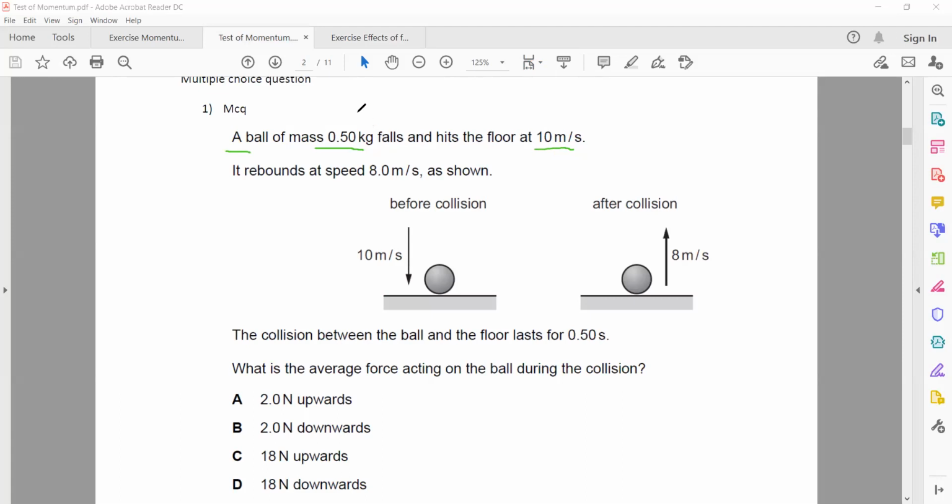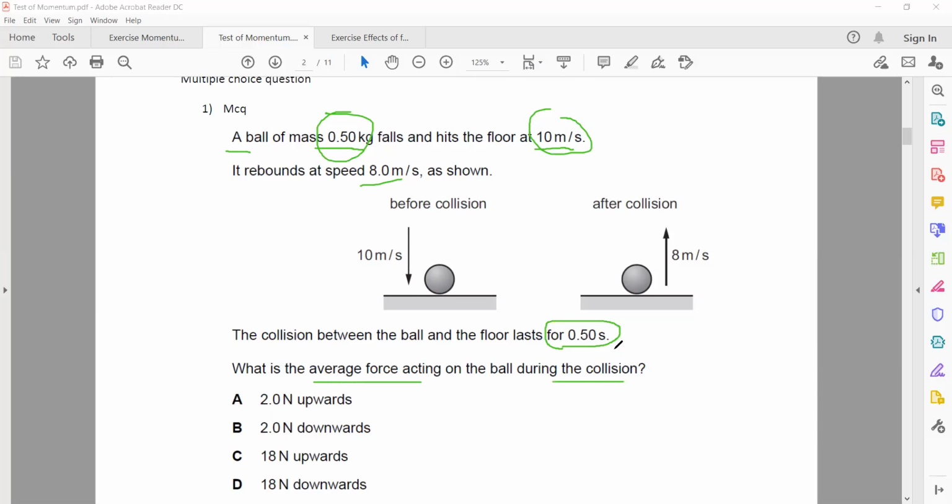So an object of mass 0.5 kilogram is moving with 10 meter per second. It rebounds with a speed of 8. The collision between the ball and the floor lasts for 0.5 second. We need the average force during the collision.